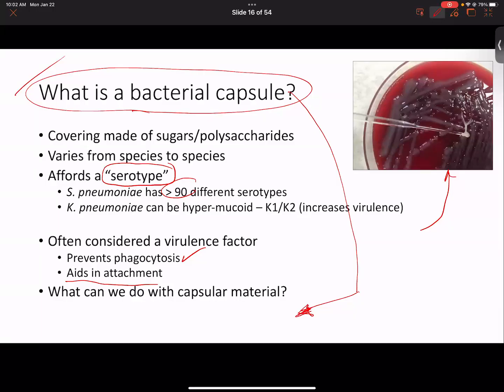It's typically derived from polysaccharide capsule of strep pneumo. So we're actually immunizing patients against the capsule itself to raise antibodies. Okay? So we can use the capsular material for vaccination purposes. Also do that with meningitis.